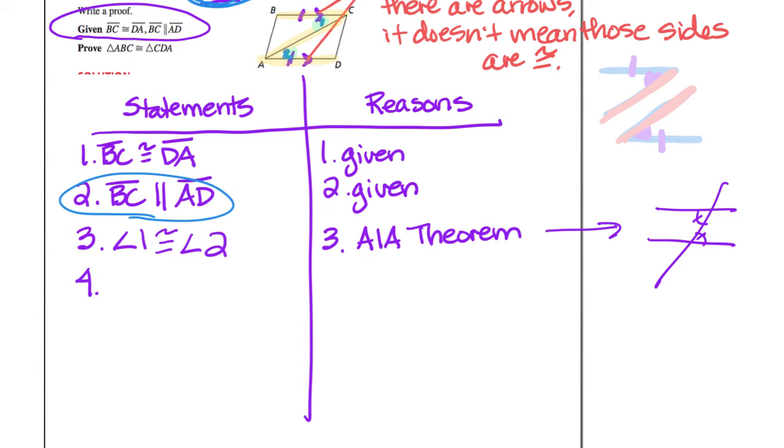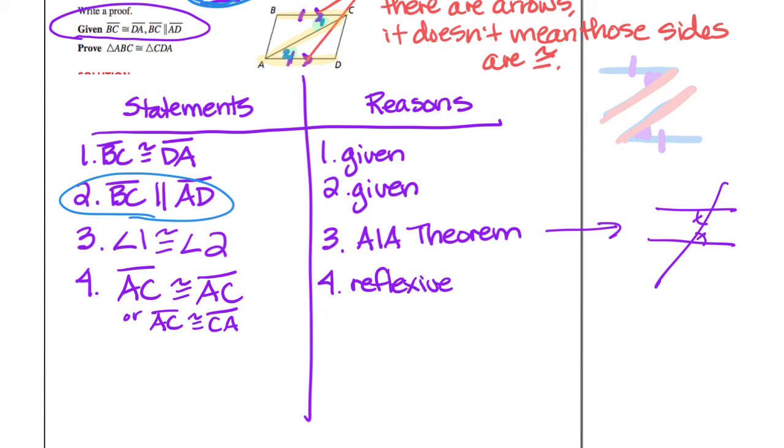We know that we can do that because of the reflexive property. Or you could write it this way. Some people like to do this. So that's reflexive property, but there are a couple of other options that I'm okay with if you want to put them down.